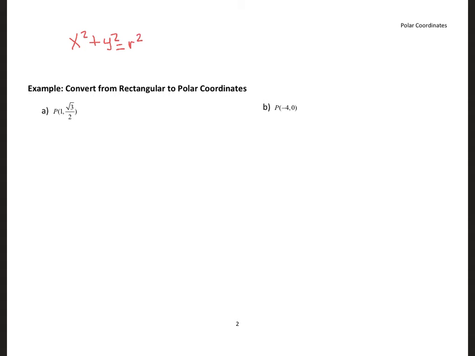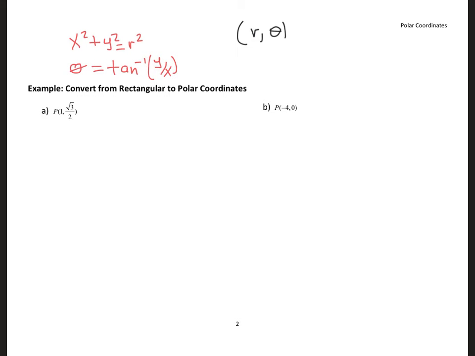And we also need to remember that theta is given by tan inverse y over x. And remember, the reason I'm writing this is because I need to express the points in terms of radius and theta.